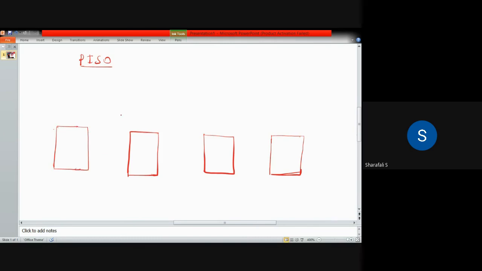Okay, here we have some more connections, some more diagram.